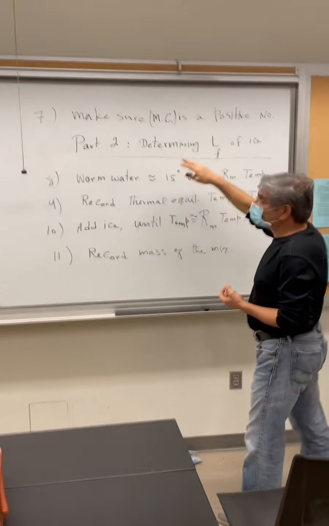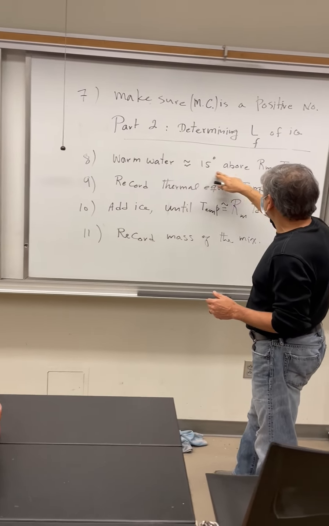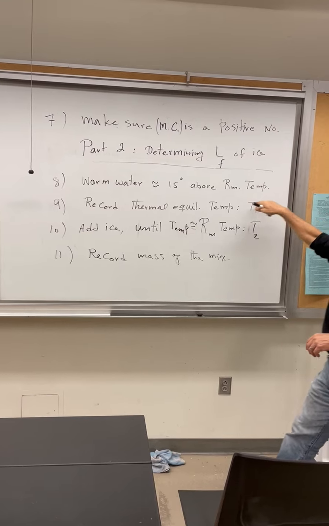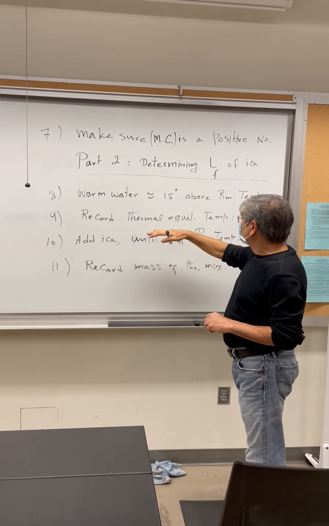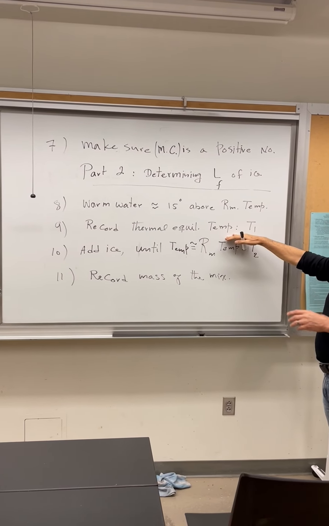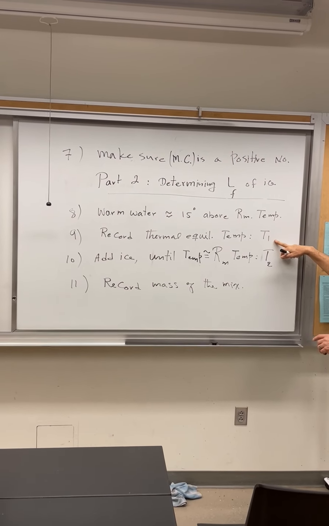In order to do that, first we empty the calorimeter, then we pour water about 15 degrees above the temperature of the room. Again, about 1/3 of the container. We wait until equilibrium is achieved between the container and the warm water, and we get that equilibrium temperature, T1.